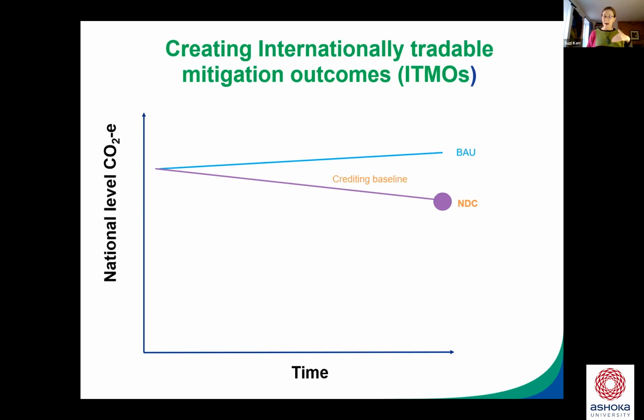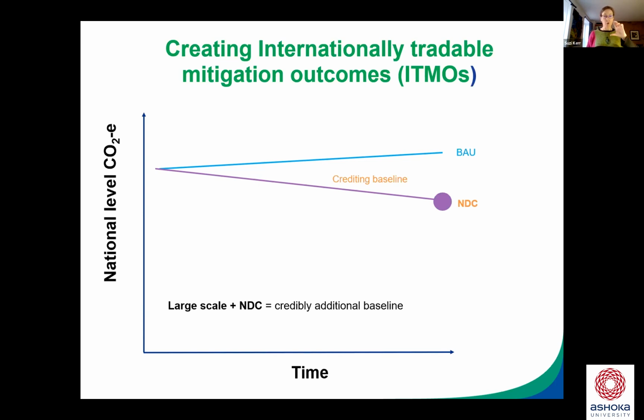And then anything that goes beyond that would be eligible for being rewarded, or would be appropriate to reward. Because the NDC is below business as usual, and because you're looking at a large scale with transparent modelling, you can be pretty confident that if it's a slightly ambitious NDC to start with, at least you're paying for reductions that are truly beyond business as usual.